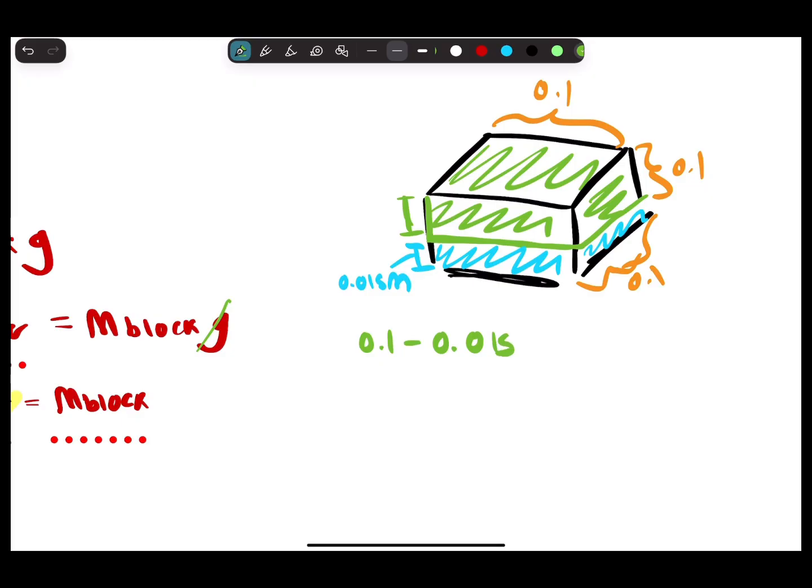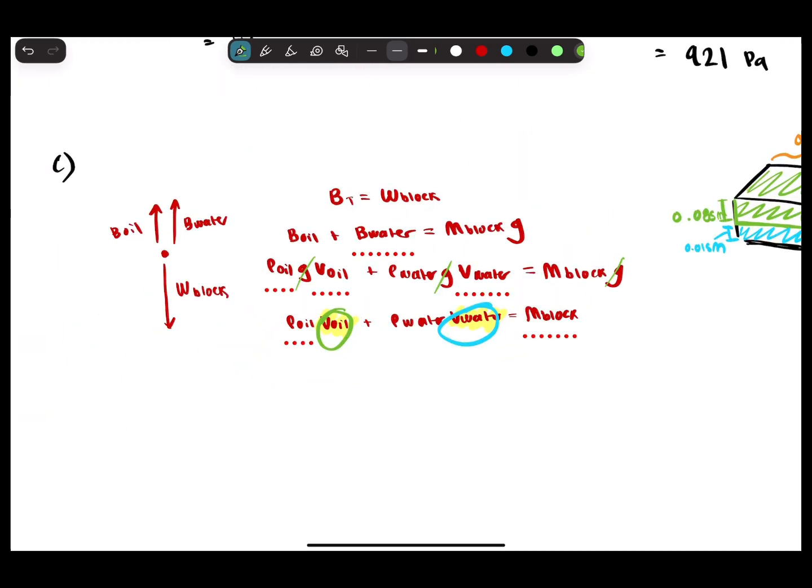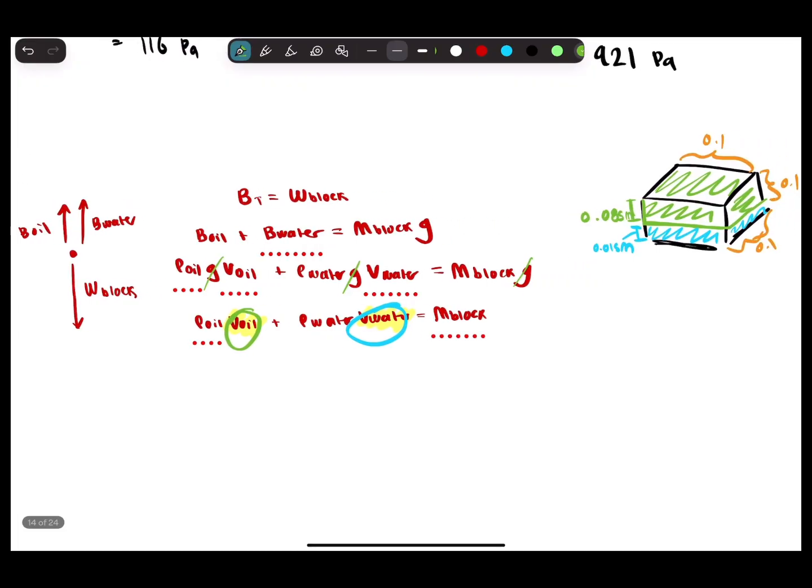Now, that height is going to be 0.085 meters.